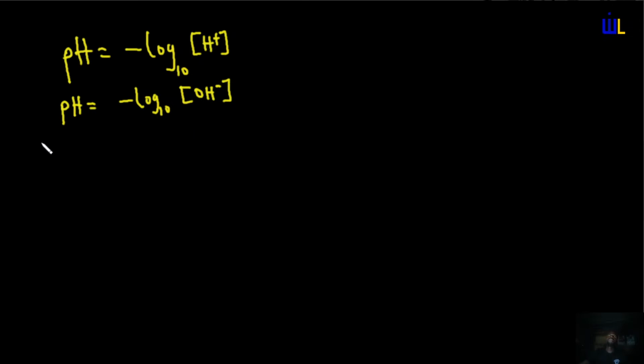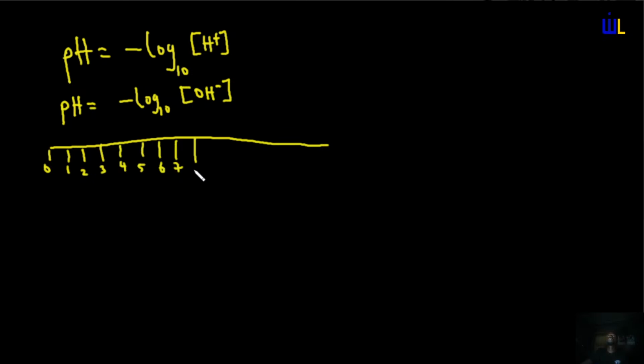Now, the pH scale basically runs from 0 to 14: 0, 1, 2, 3, 4, 5, 6, 7, 8, 9, 10, 11, 12, 13, and 14.